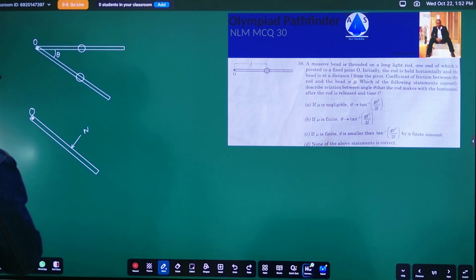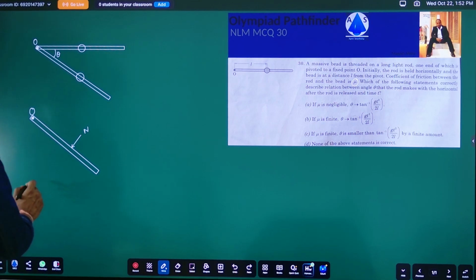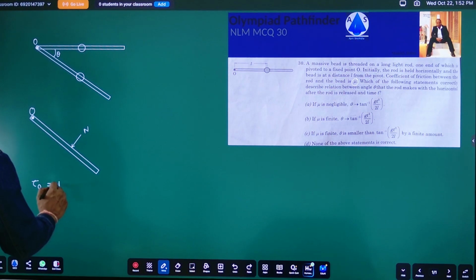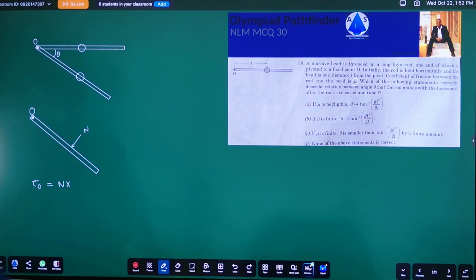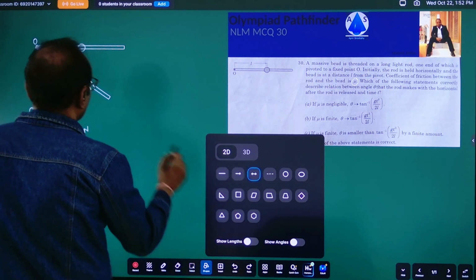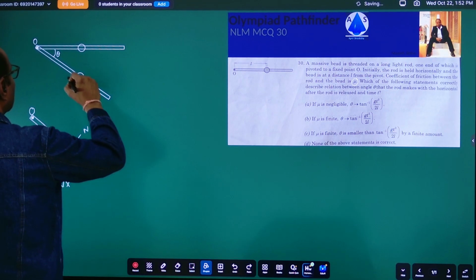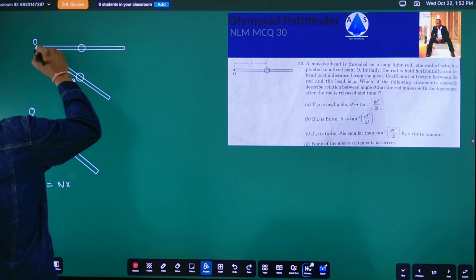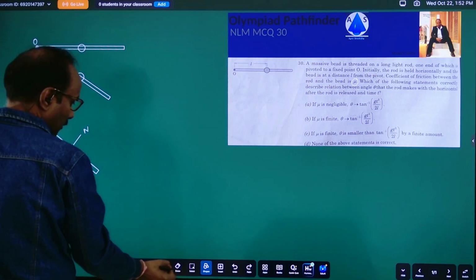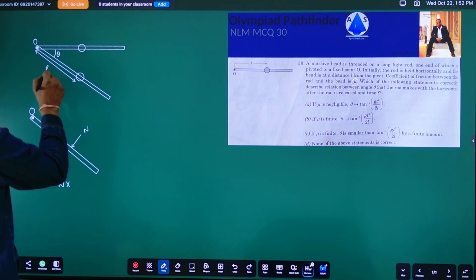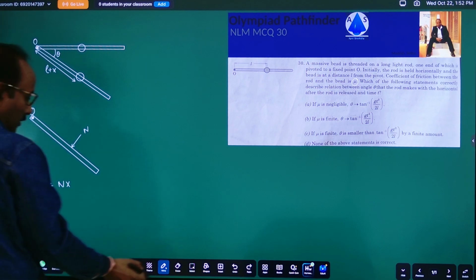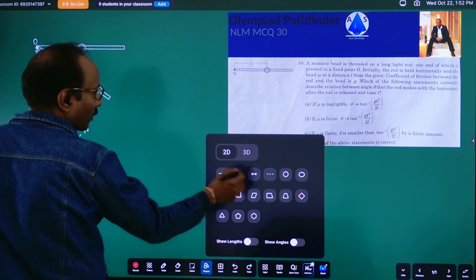So we can write the torque acting on the rod about O is N into this distance. Let us give a name to this distance as L plus X. Why?